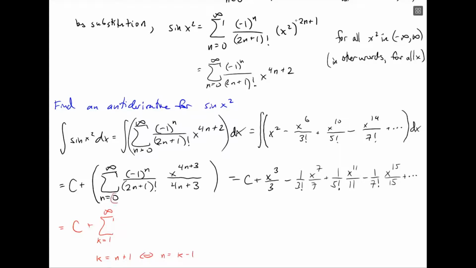Basically I'm just taking that and saying I want to add 1 to it. So that's where I get this: n plus 1 is what gives me my k. And if I solve for n in that, then I get n is equal to k minus 1.